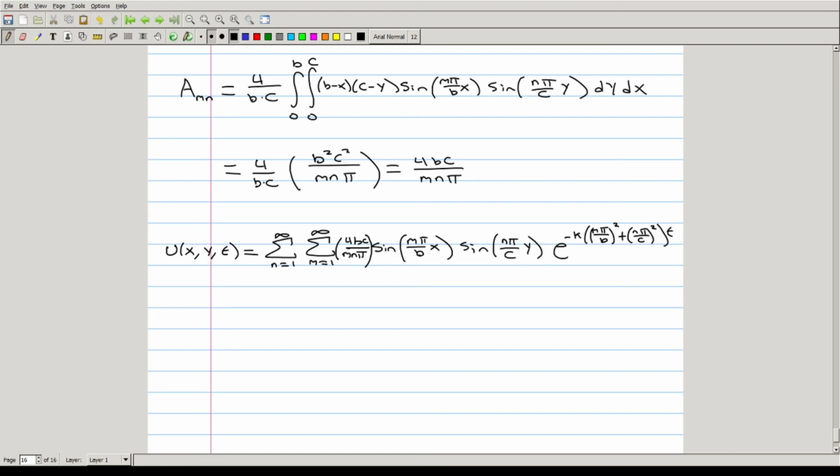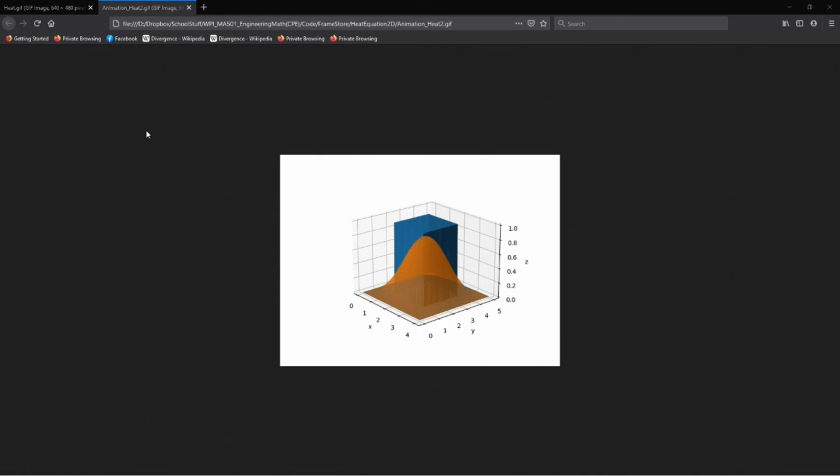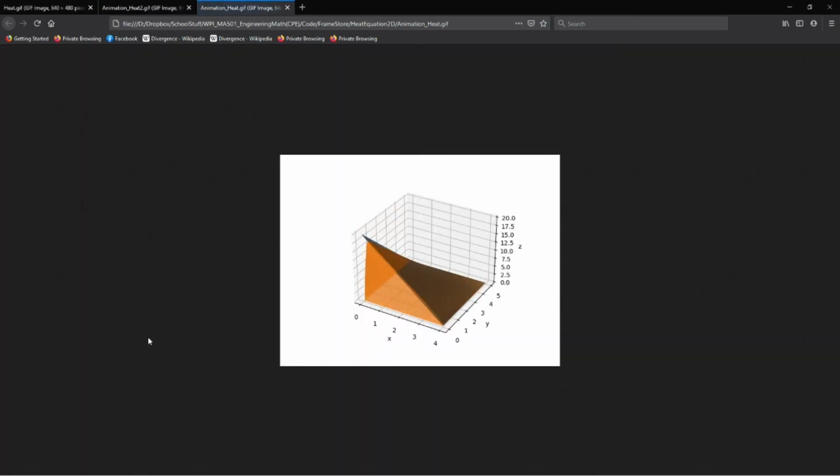And sure enough, if we plot this out and visualize this, the solution that we get is clearly behaving exactly as we expect. So this is very, very neat.